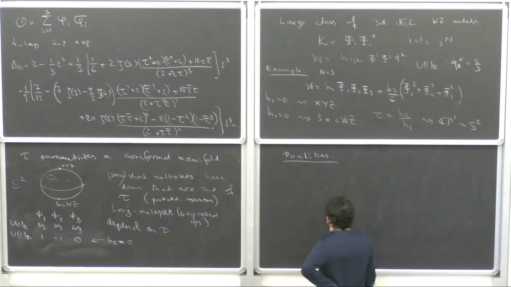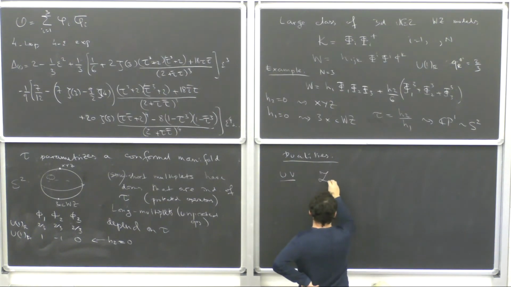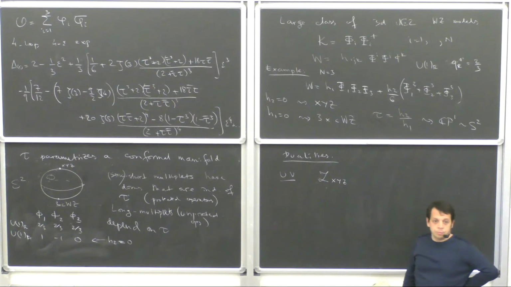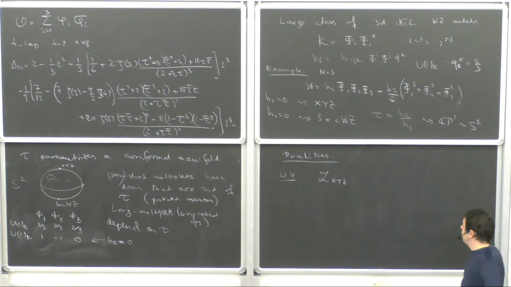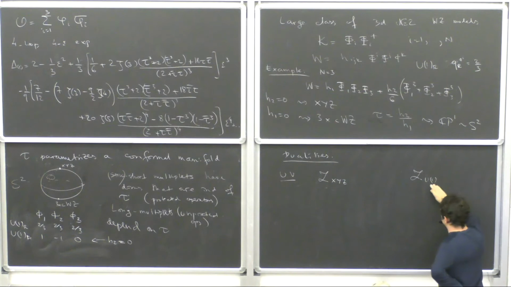Basically, you have the UV Lagrangian of XYZ, which is specified by the superpotential above. And then there's another Lagrangian, which is a U(1) quantum gauge theory, so quantum electrodynamics, with N=2 supersymmetry.